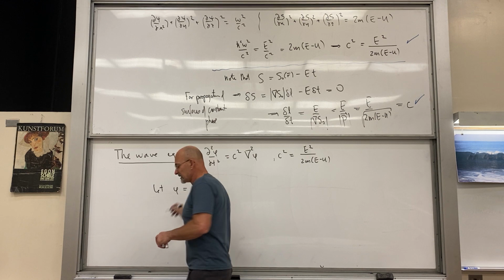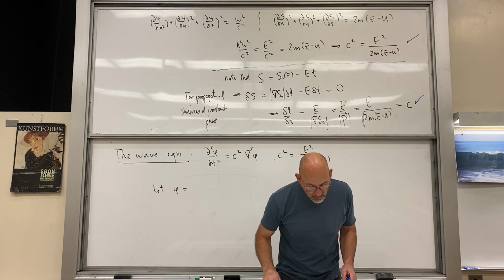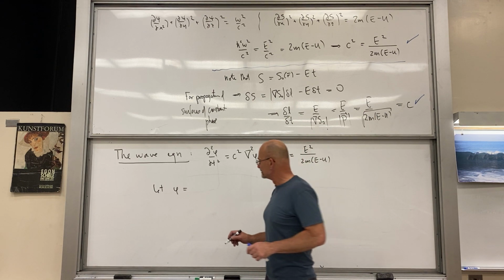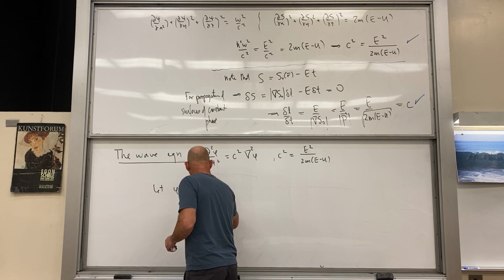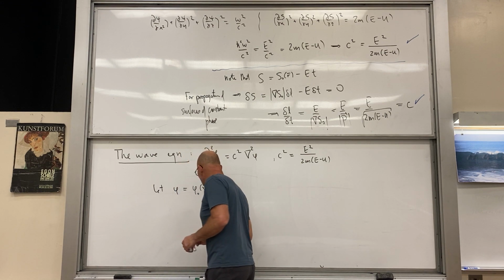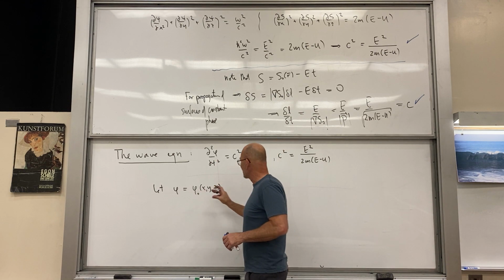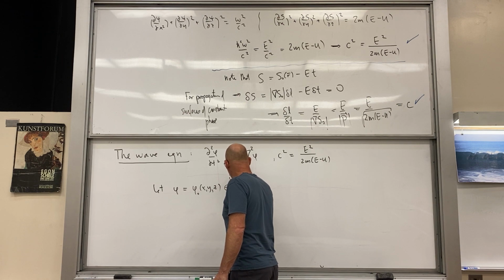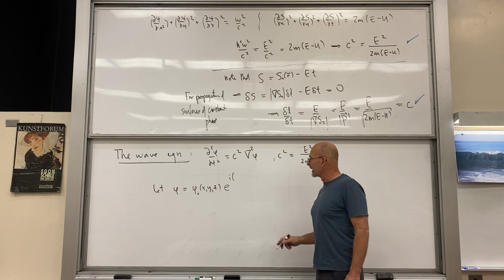equal... phi naught of x, y, z. This is just the way we did it before: phi naught of x, y, z, times e to the i, but what are we going to have up here now?